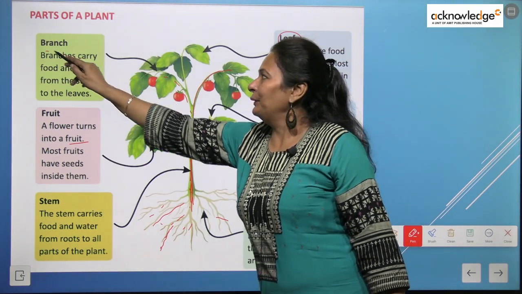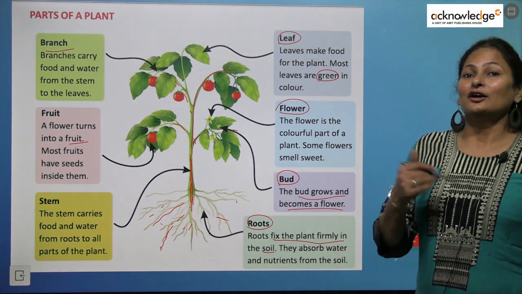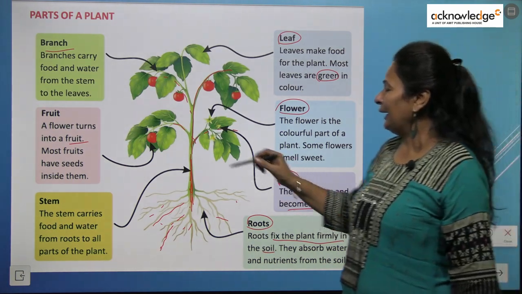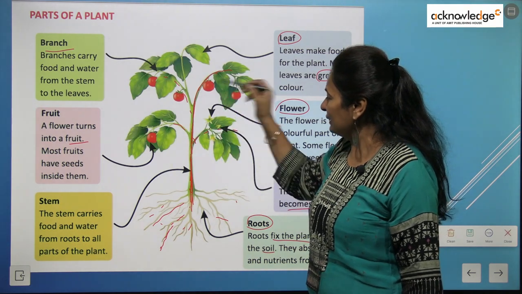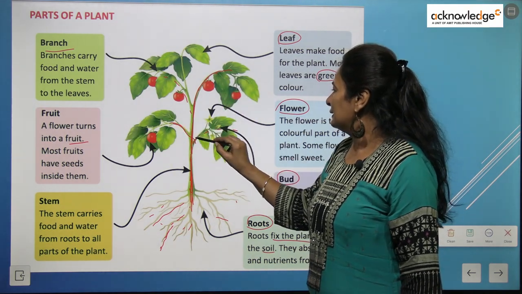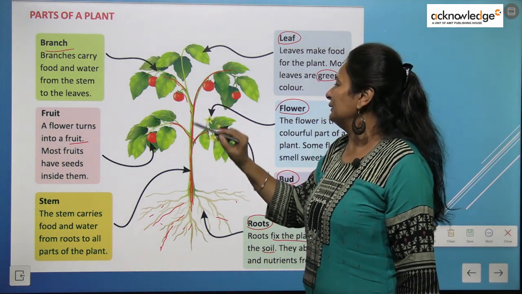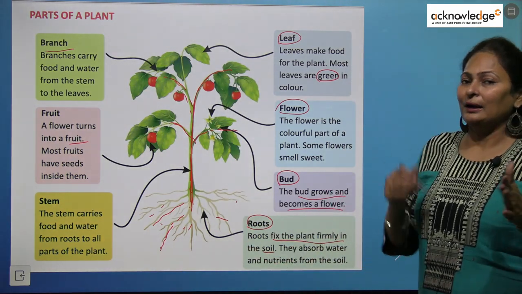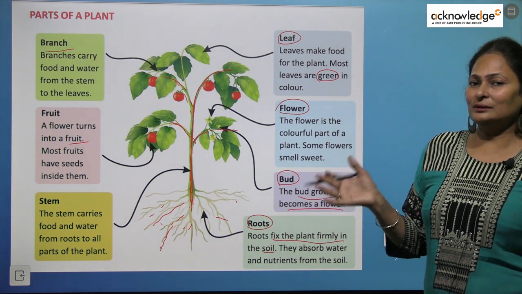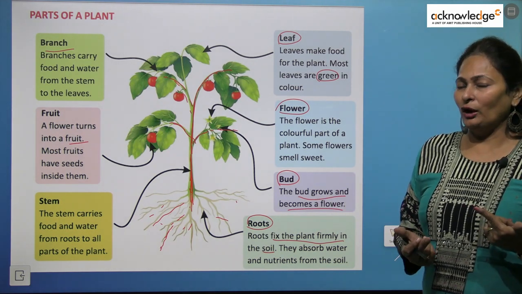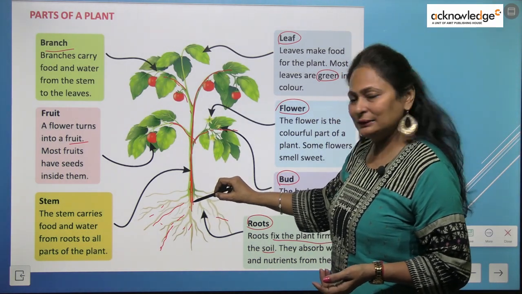Next is branch. Branches carry food and water from the stem, right? Here you can see the branches. Stem is this part, kids. Now, some branches have grown on the stem. So, these branches are connected with the stem and these branches take the water, minerals and nutrients that have been absorbed by roots.